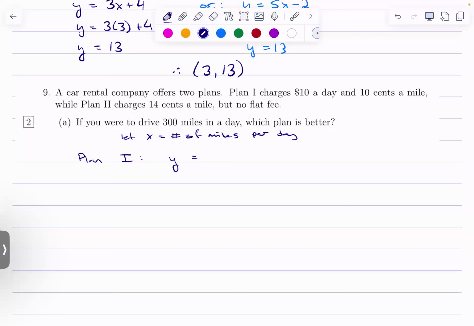Otherwise, we'd have a variable component on the $10 per day. No thanks. I know that's not what they meant. So now, Plan 1 charges 10 cents per mile. 0.1 times x. Careful with the 10 versus 0.1, because then we're gonna have $10, and so the cents need to be in pennies. And then plus $10, and that's per day.